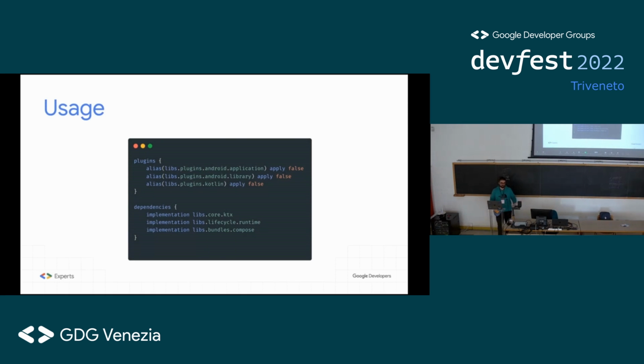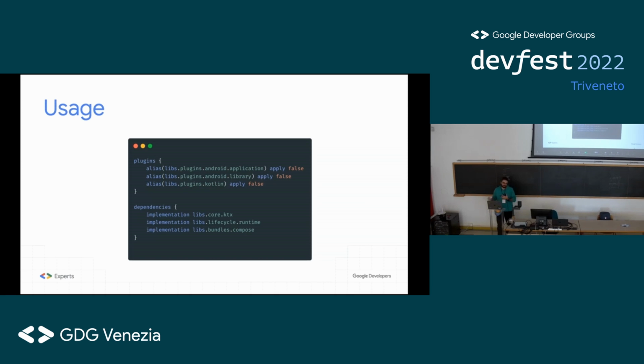Now, this is how we use it. To showcase, here's a plugins block. You need to just use the alias keyword there and fetch it from libs.plugins, android application, whatever you want. Android.application is the name. Initially we had android-application with a dash, and it's converted.